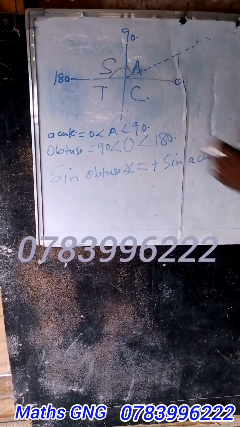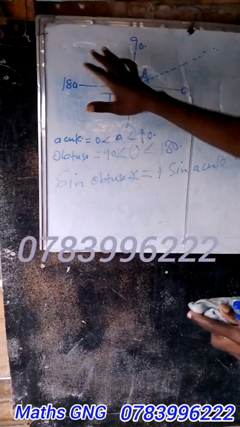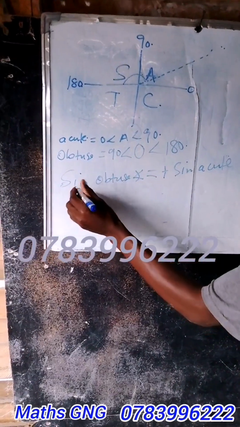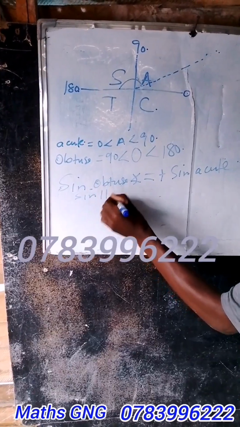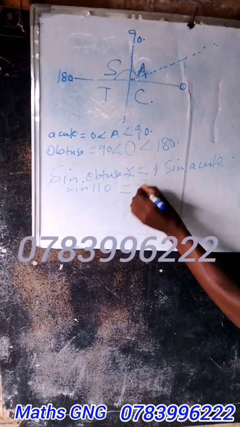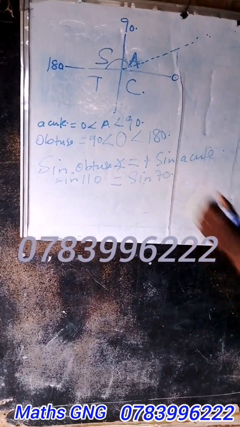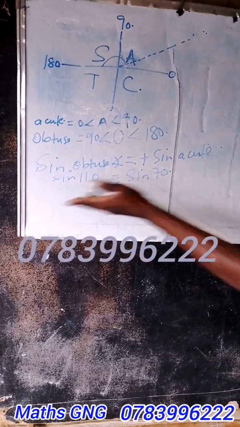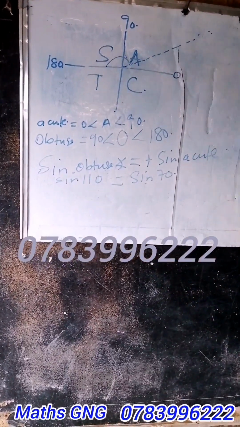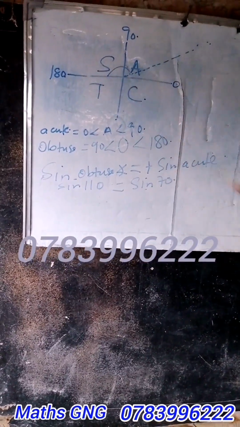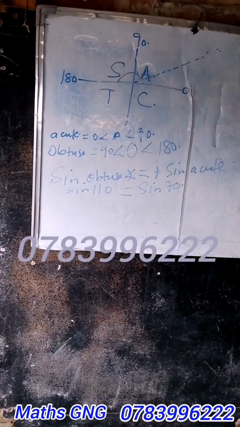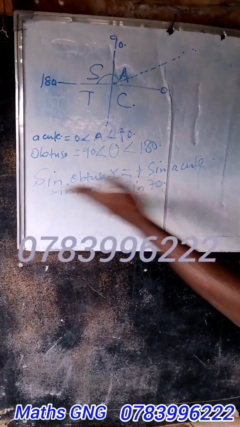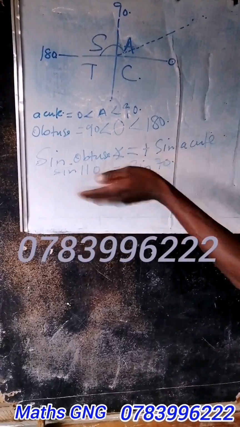That's why when you use a calculator, sine 110 is equal to sine 70, because they are corresponding. They lie on this adjacent line, on this 180. So sine is always positive.